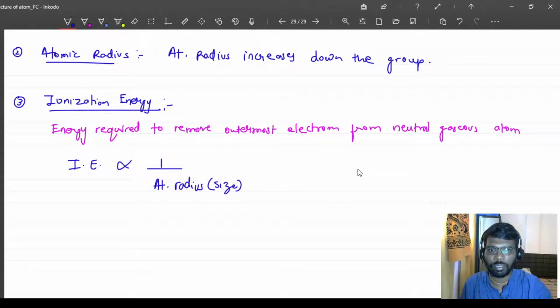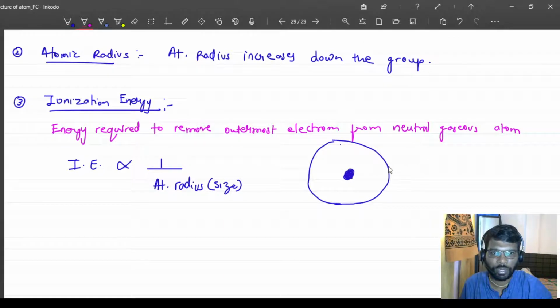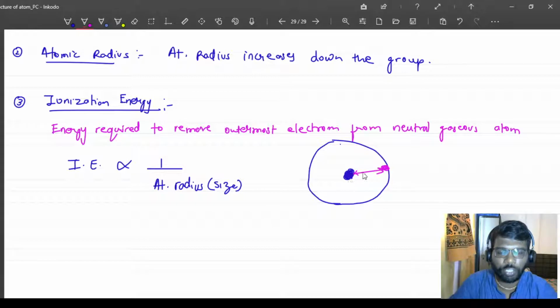If there is a nucleus, which is the positively charged part of the atom, and at some distance the outermost electron is there. There is an electrostatic force of attraction between the nucleus and the electron, which holds this electron. So to remove this electron, you have to overcome the force between this positive charge and the negative charge of the electron. As this distance is small, that force is more, so you will require more energy.